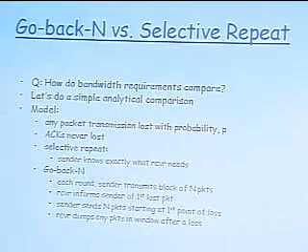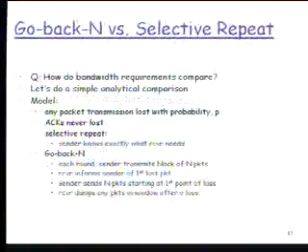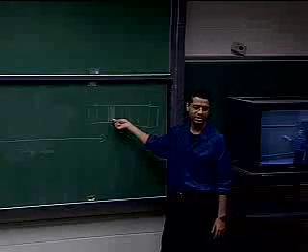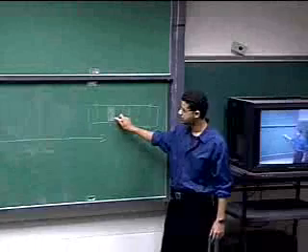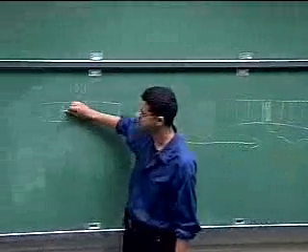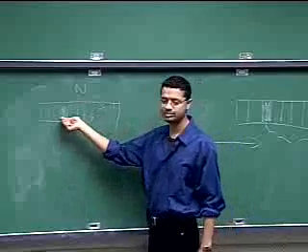What that means here is, suppose this third packet got lost and we are working with Go-Back-N. Now when the sender comes to know that this packet got lost, it's going to transmit N packets starting from this one.